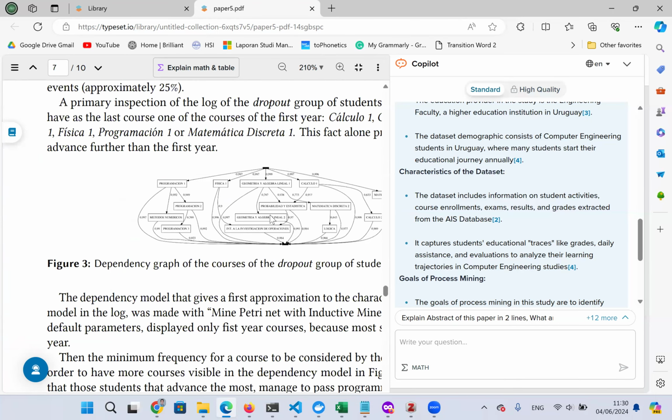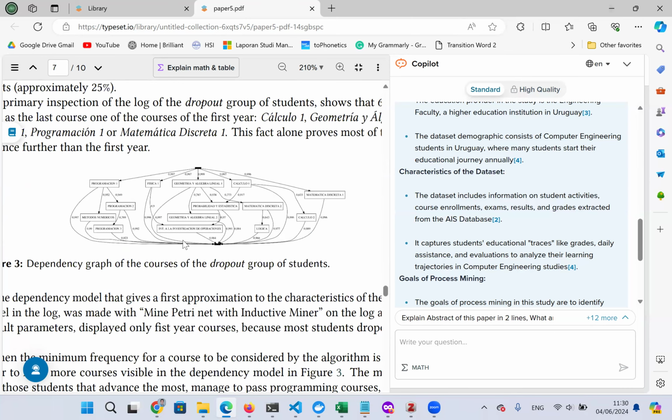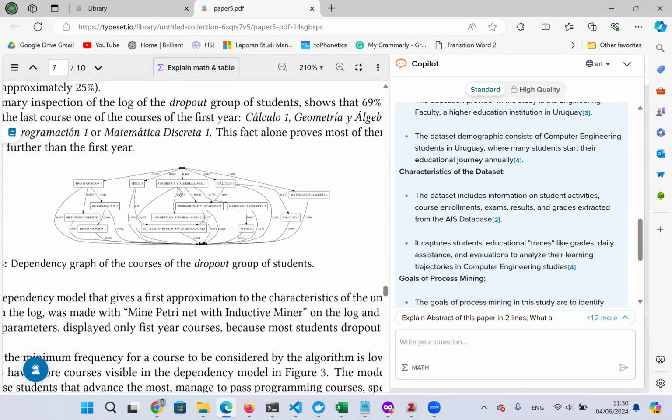dependency graph, we can actually infer that the pattern is the student's university career. So it's like, what is his or her academic career in this university?